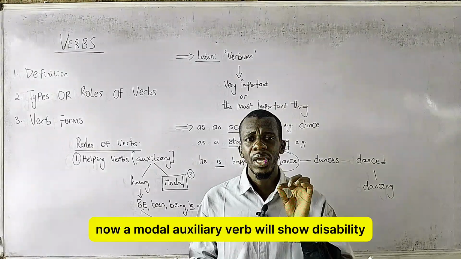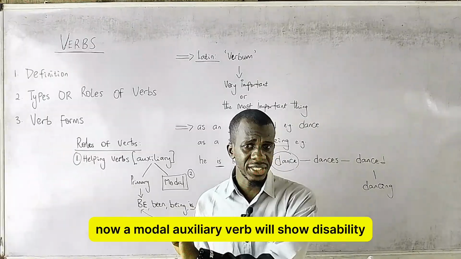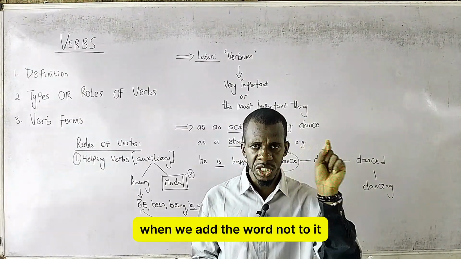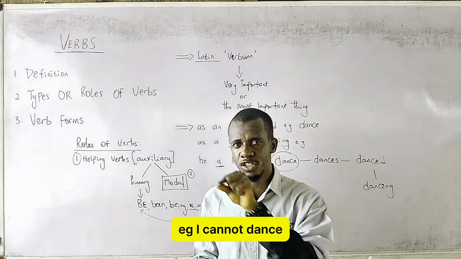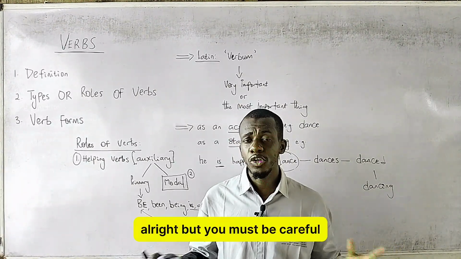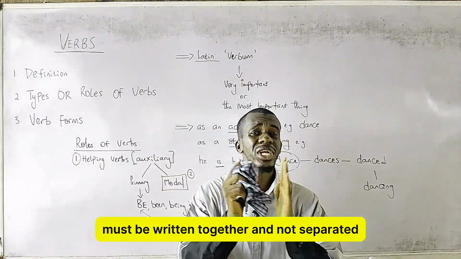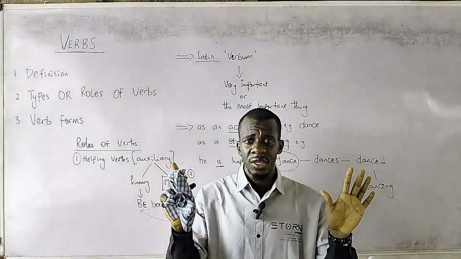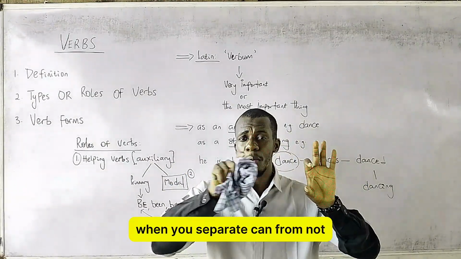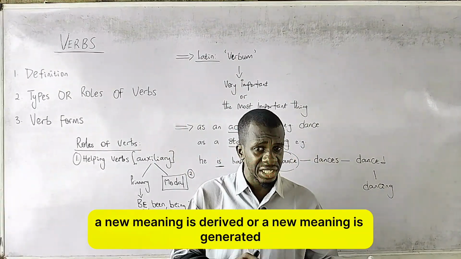Excellent. Now, a modal auxiliary verb will show disability when we add the word not to it. E.g., I cannot dance. It means I don't have the ability. All right, but you must be careful. Cannot, in quote here, must be written together and not separated. Because in the English language syntax, when you separate can from not, a new meaning is generated.